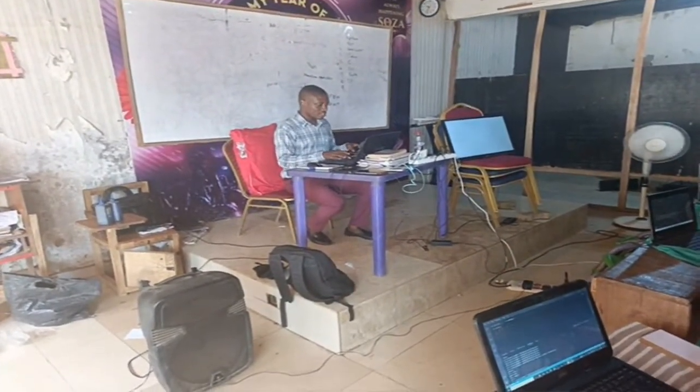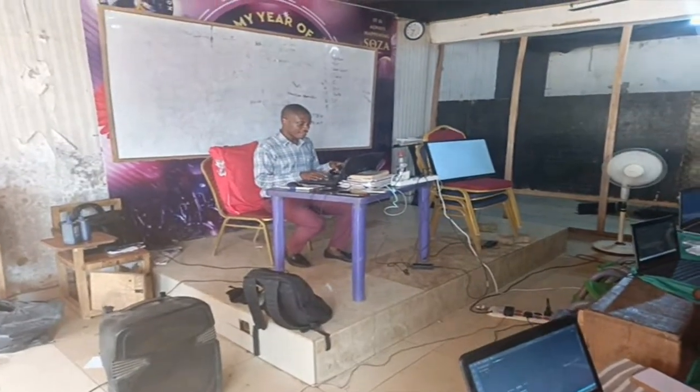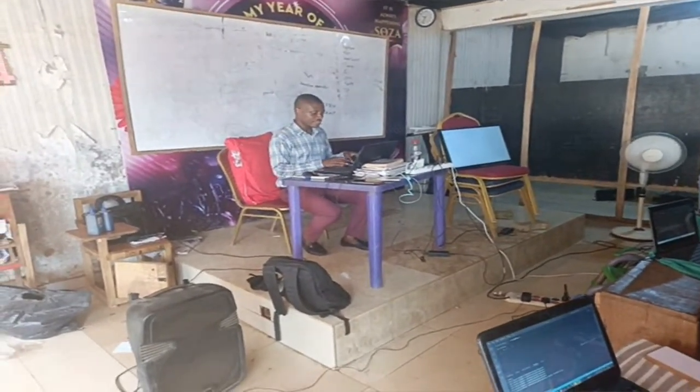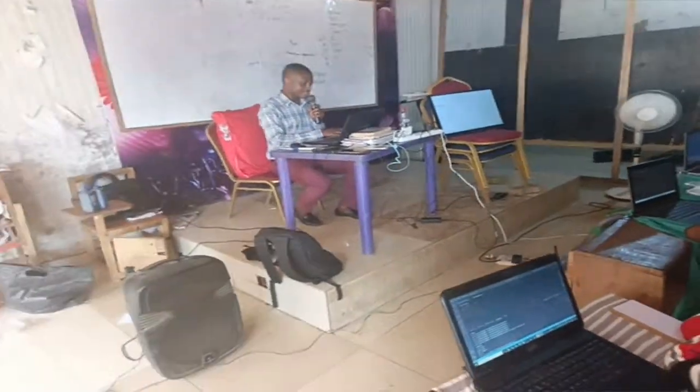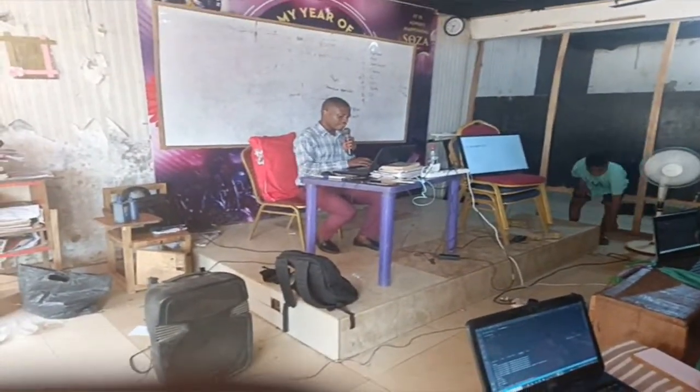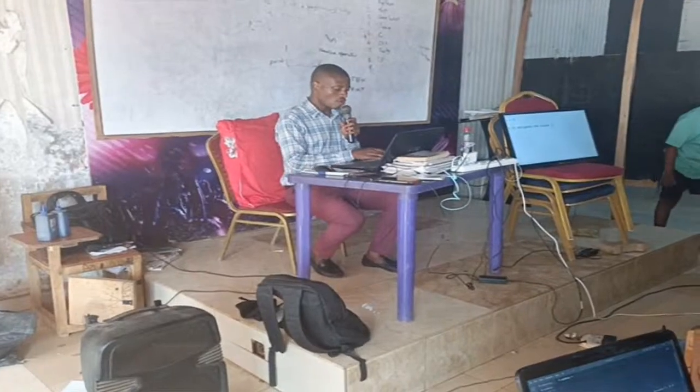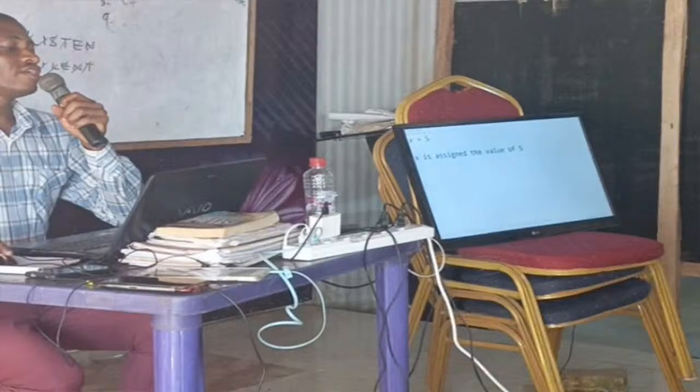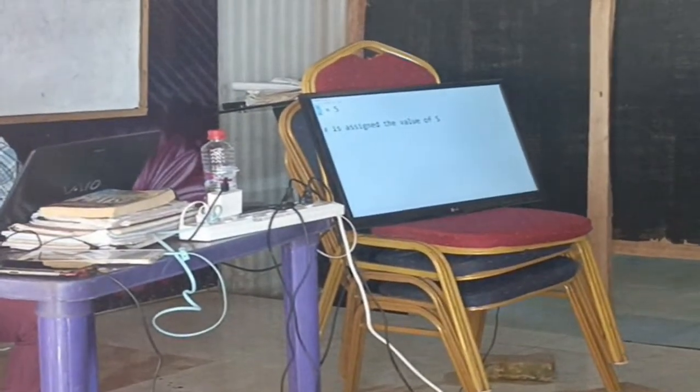I'm actually saying x = 5 is like this. X is assigned the value of 5. So this is a variable. So look up. This x is a variable.